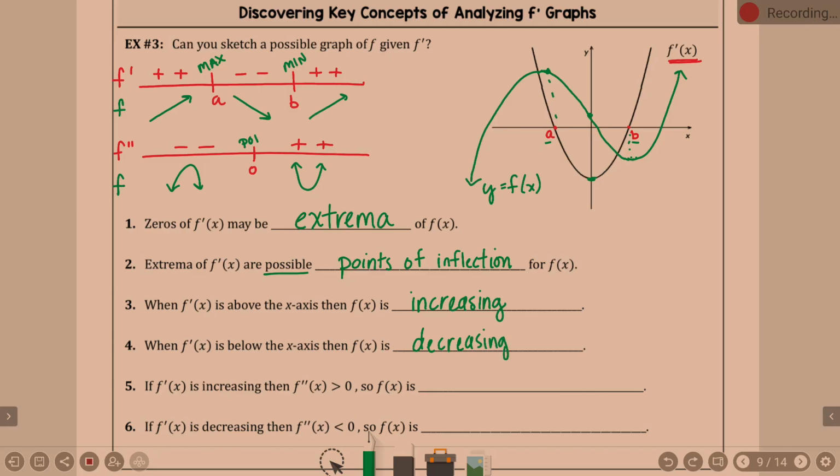If the derivative is increasing, then the second derivative is greater than 0, and so f of x is concave up. And if the first derivative is decreasing, then the second derivative is less than 0, so f of x is concave down.